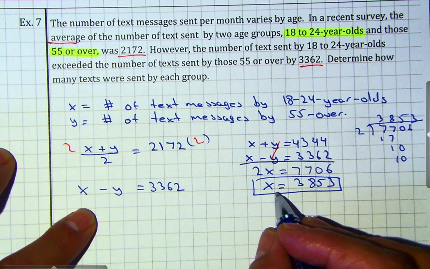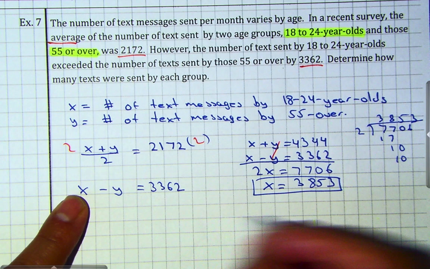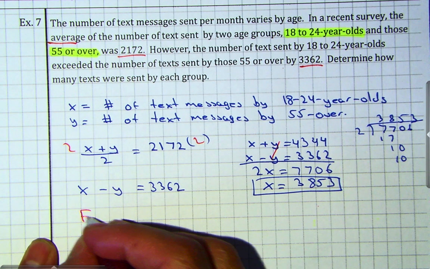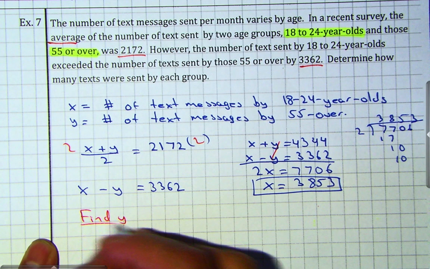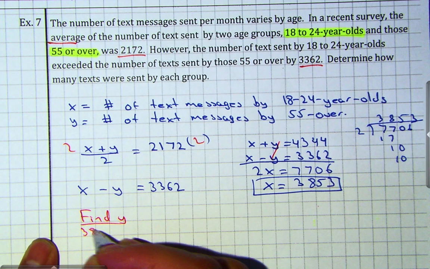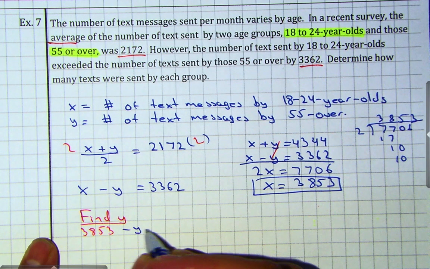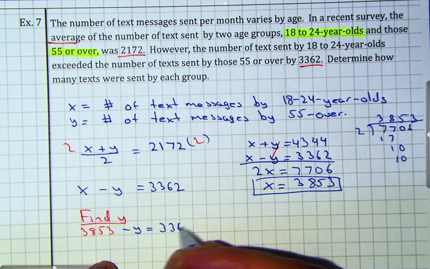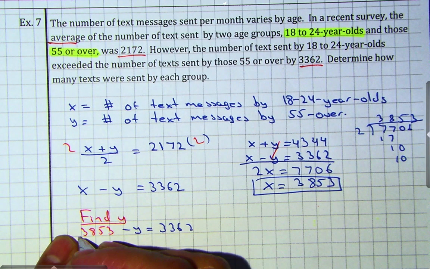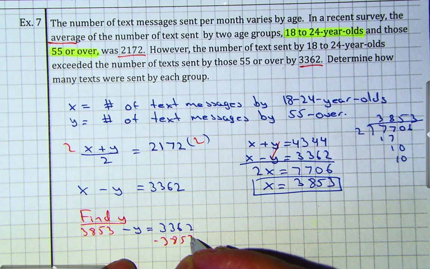I can just plug it over here. So let's go and find y. So x is 3853, minus y equal to 3362. So that gives me minus 3853.